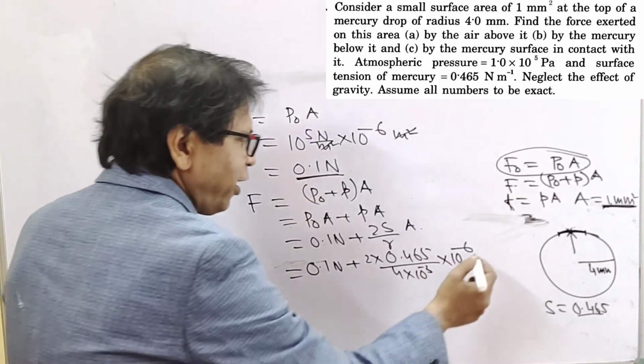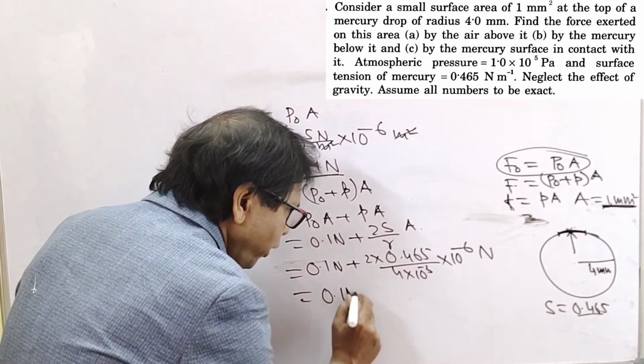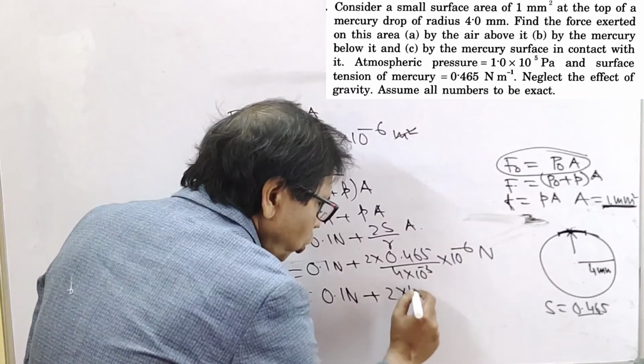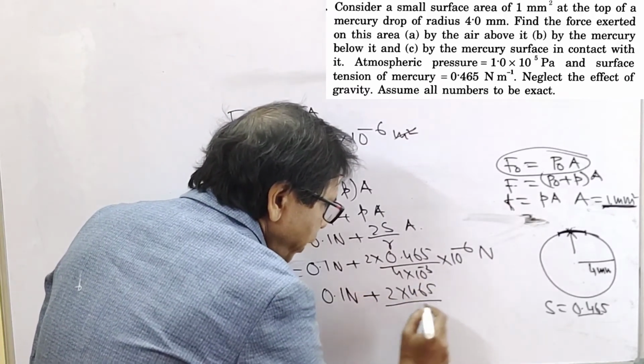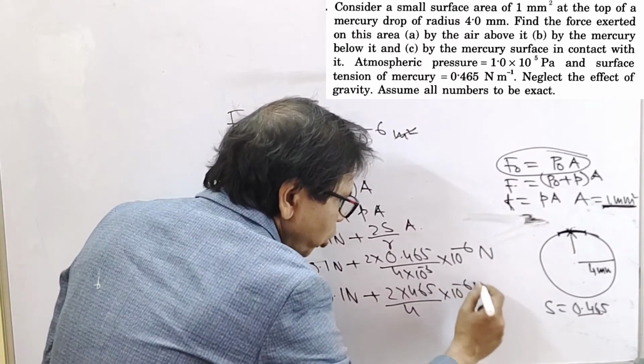The unit is Newton. So this is 0.1 Newton plus 2 into 0.465 divided by 4 into 10 to the power minus 6 Newton.